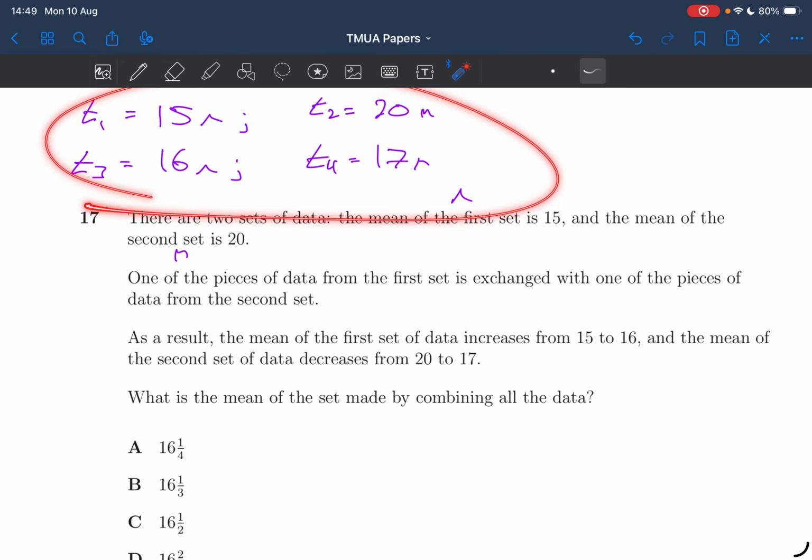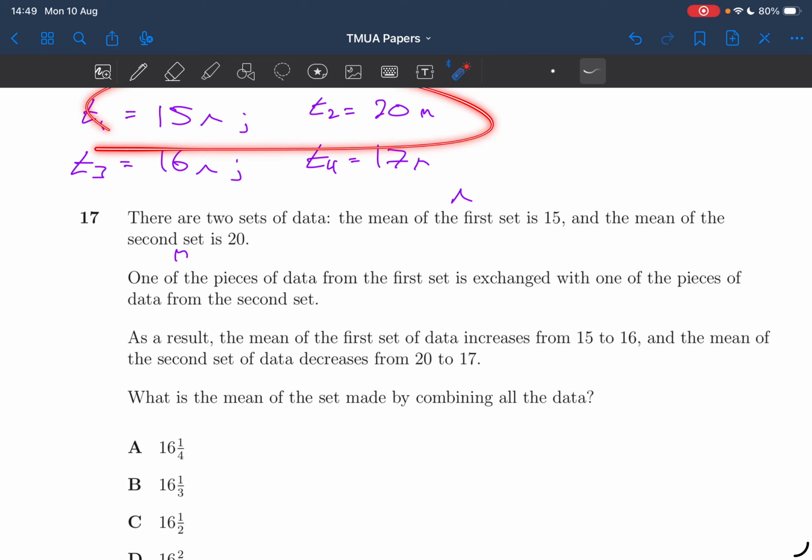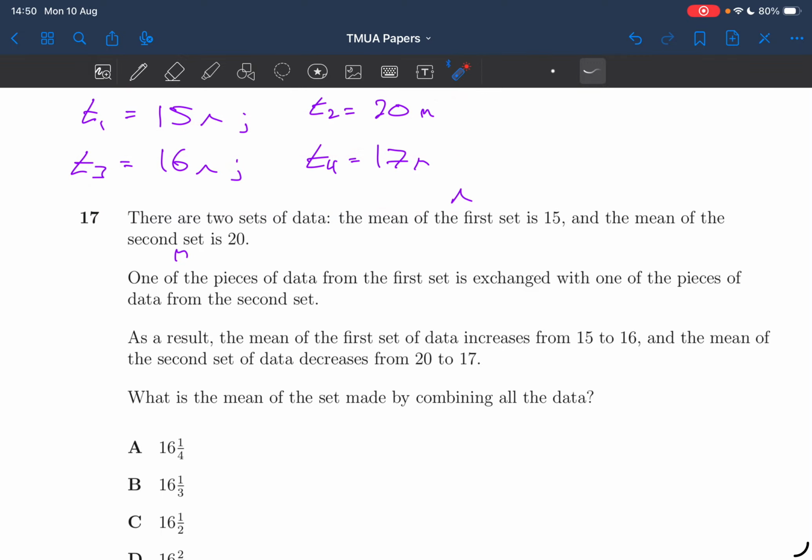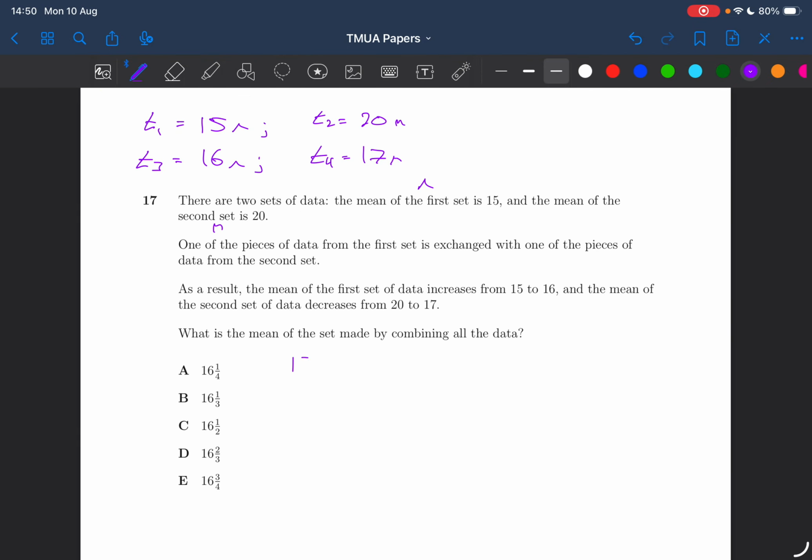Why we've done this, these are the totals, yeah? That's the total before the swap, this is the total after the swap. They must be the same. I haven't gained anything new, I've not removed any data, we have the same amount of data. So we can say the original totals, so the 15n plus 20m must be the same as 16n plus 17m.